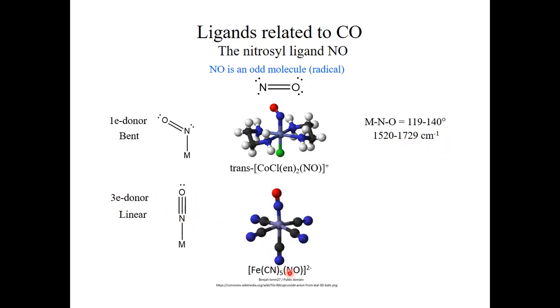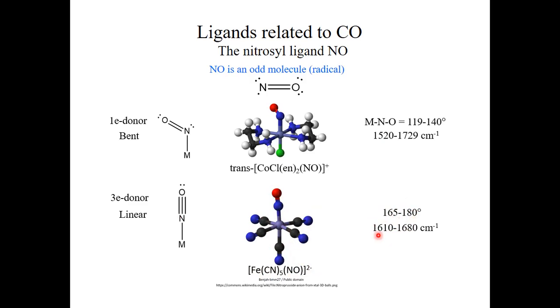So an example here is the pentacyano nitrosyl iron 2 minus, where you have 1, 2, 3, 4, 5 cyano ligands and the nitrosyl ligand binding to the metal here. So in this case, you see that the nitrosyl ligand is pretty much linear, even though not exactly linear. The bond angle can still deviate slightly from 180 degrees.